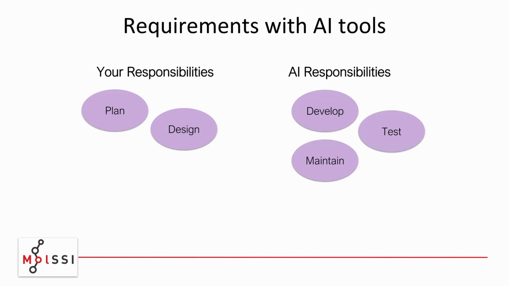Okay, great. But at the end of the day, even though we've given it development, testing, and maintenance, you still have to plan. You still have to design. The AI can't just read your mind, as Taylor pointed out, to know what software you're trying to build. You have to plan and design that software. Similar to the house construction, if I show up to the AI and say, here's a vague approximation of what I want you to build, it's going to give you its best guess.